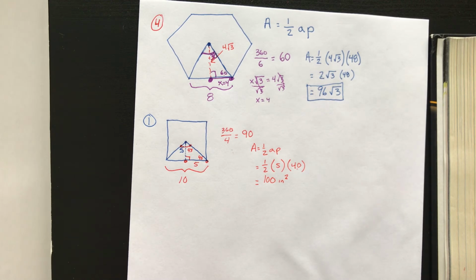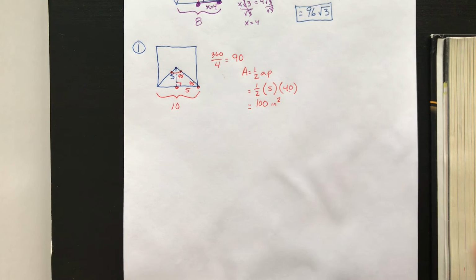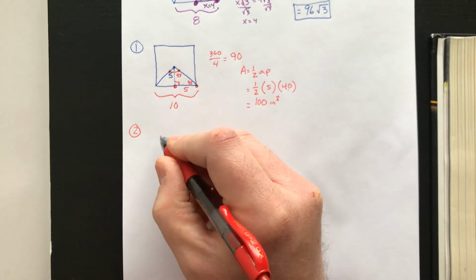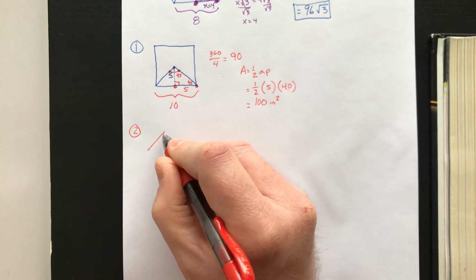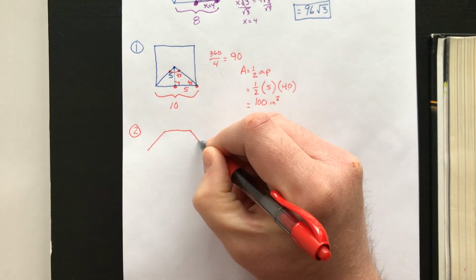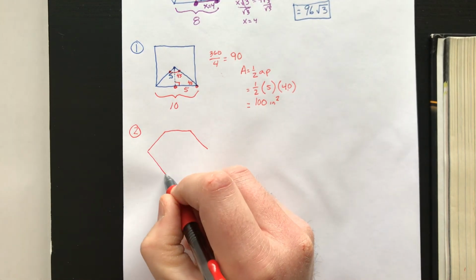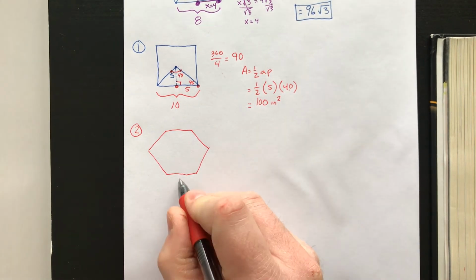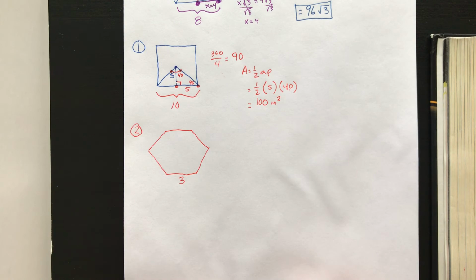All right. Number 2, once again, is just another hexagon. So number 2 here, we have our hexagon, and they tell us that the side length is 3.